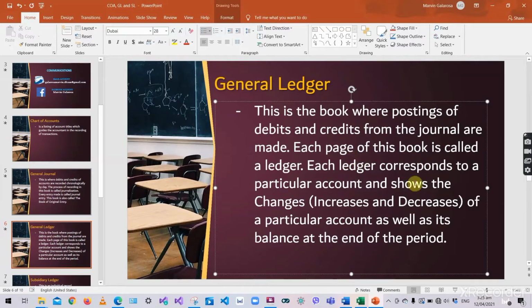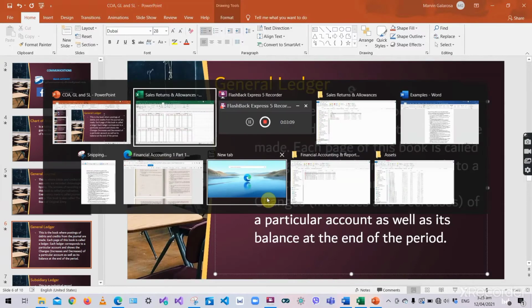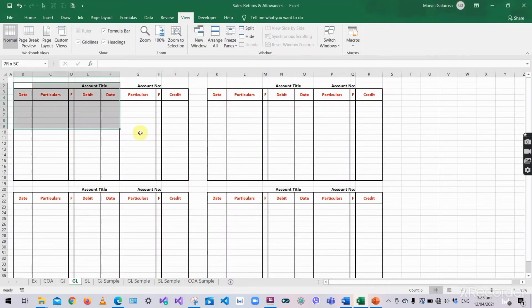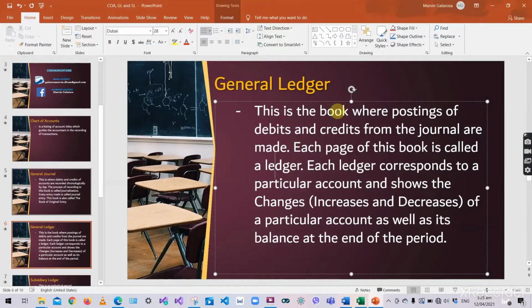Each page of this book is called a ledger. So ito, kada page niyan is called a ledger. Each ledger corresponds to a particular account and shows the changes, increases and decreases of a particular account as well as its balance at the end of the period.